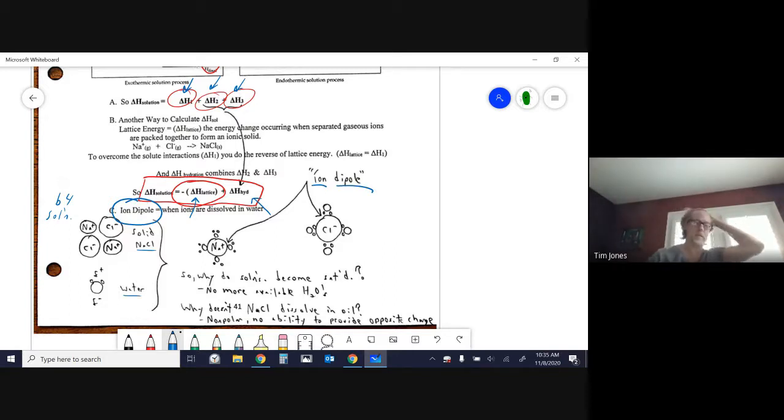And then when this dissolves, the ions separate, which we've already discussed. And what has to happen is the ions have a desire for the opposite charge. And so notice how the water molecules orientate themselves around the Na+.